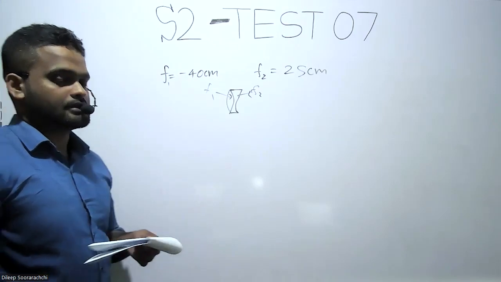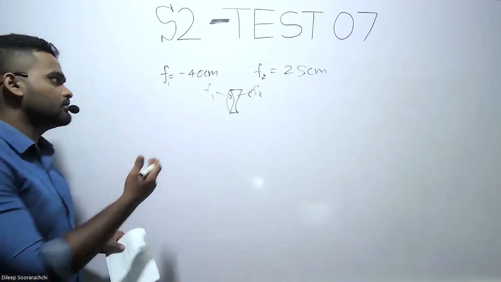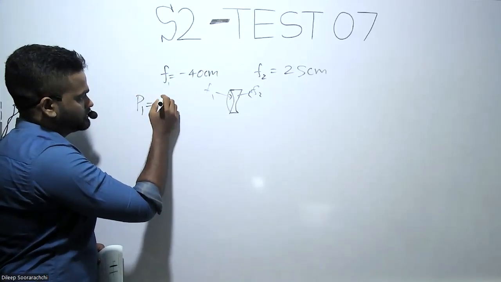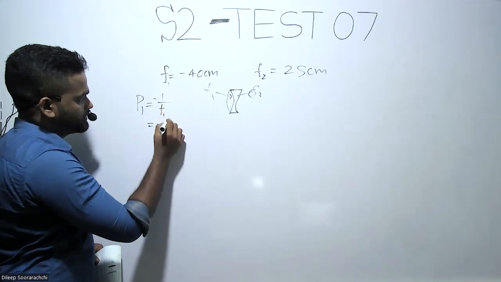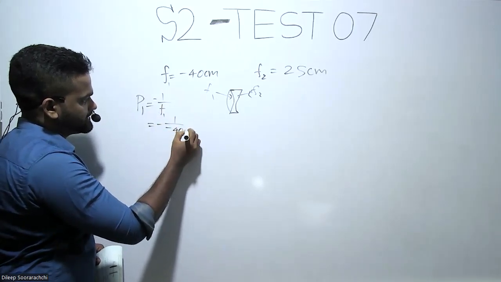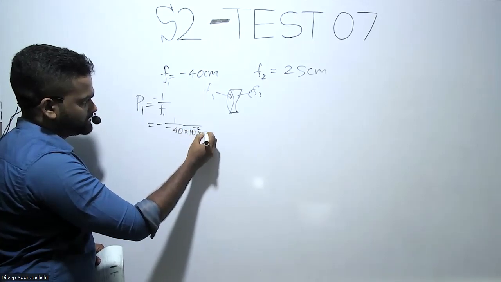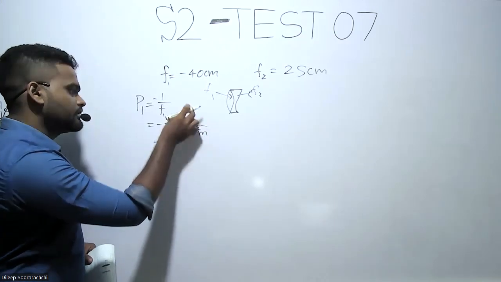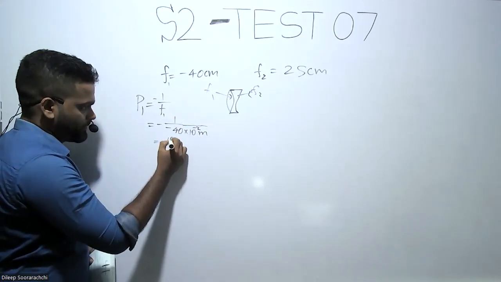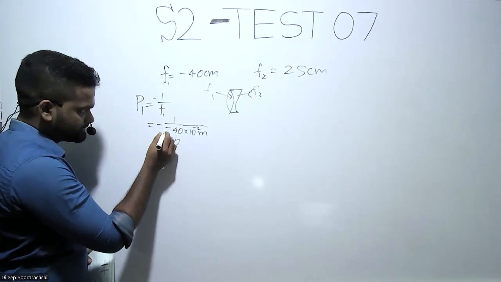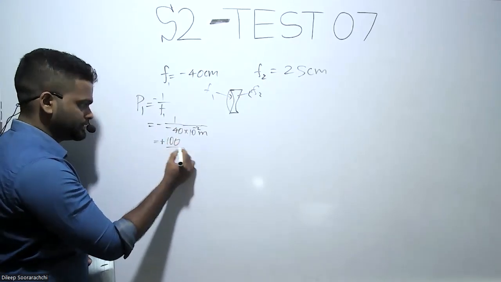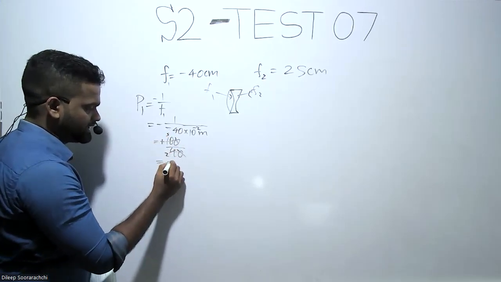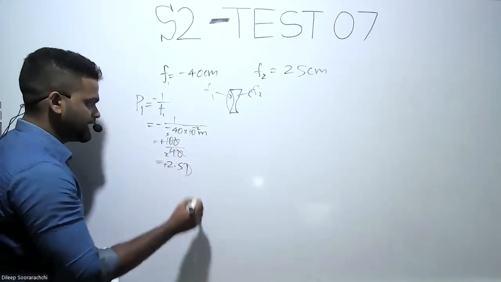If you get a question like this, first just find the power of each lens. So I'll find the power of this one, P1 equals minus 1 over F1, minus 40 centimeters. I can write this as minus 10 to the power minus 2 meters. So 100 goes up. So minus minus becomes plus, then 100 goes up, divided by 40. Cancels off, 5 divided by 2, that is plus 2.5 diopters.